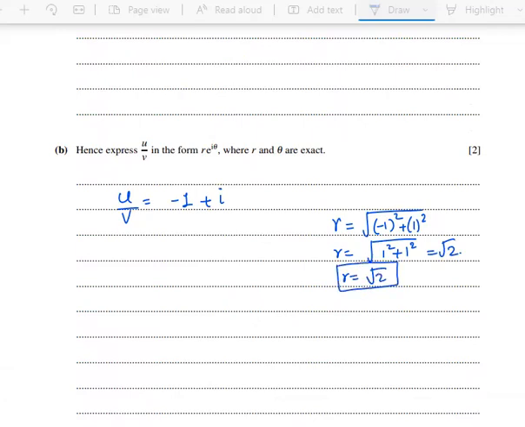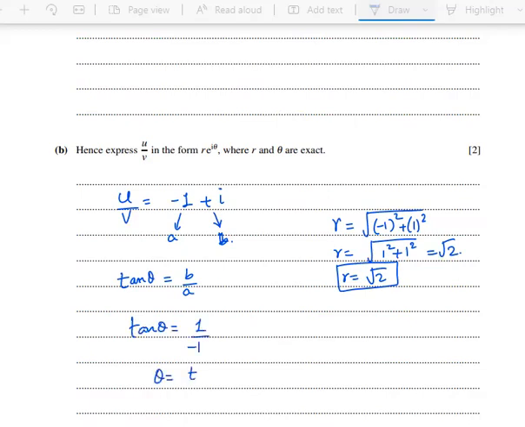So here tan theta, which is the argument, is defined as b over a. Here a is minus 1, b is positive 1, right? So a is negative, b is positive, so this lies in the second quadrant. Okay, so tan theta equals 1 divided by minus 1.